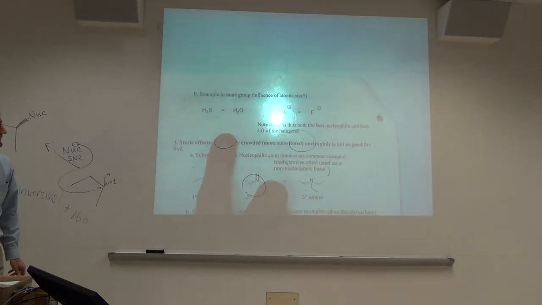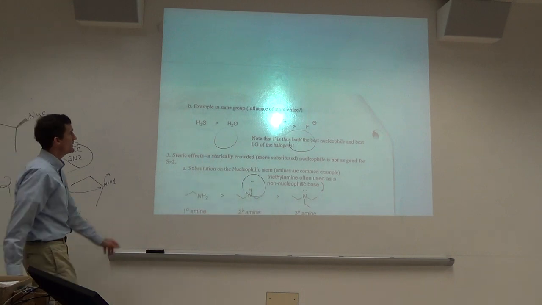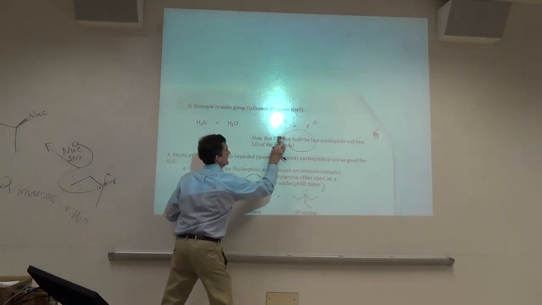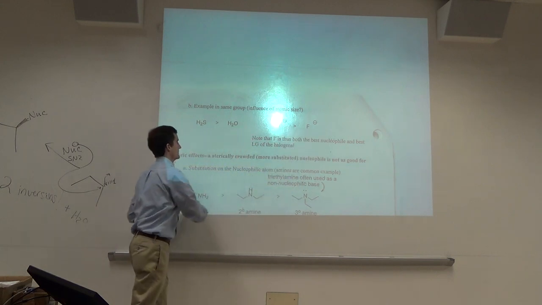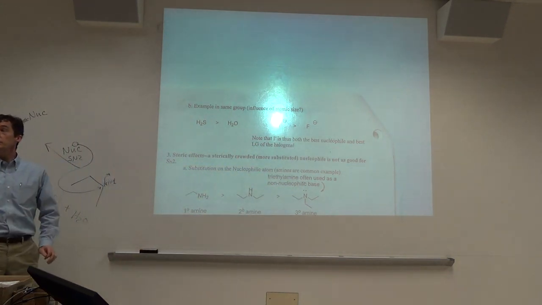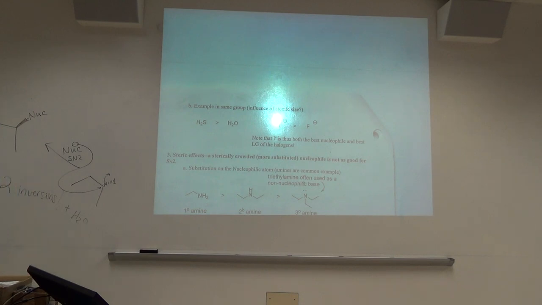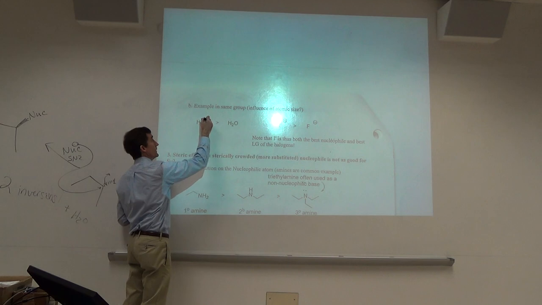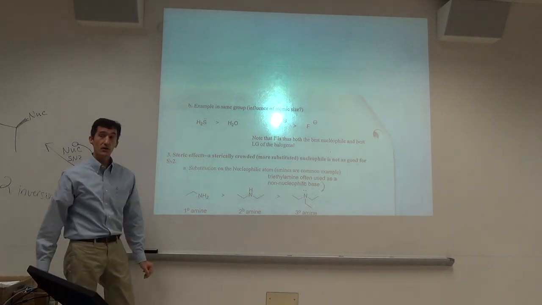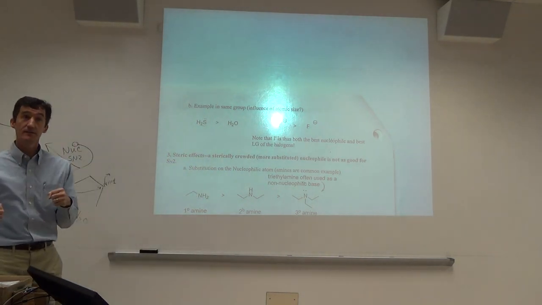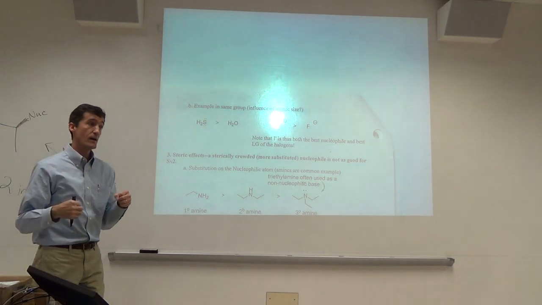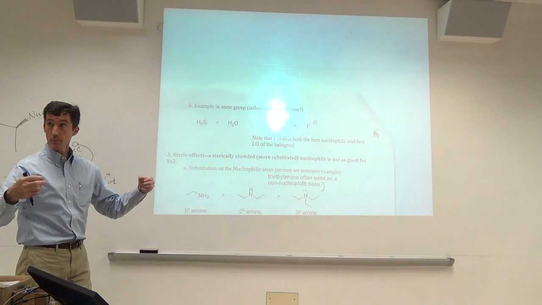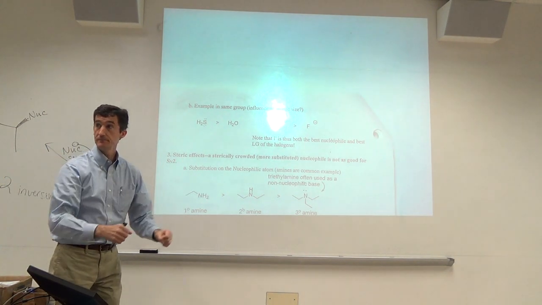We did this same type of stuff when we did acid-base chemistry. Which is a better nucleophile, H2S or H2O? Which one's a better parent? O holds them tighter, more electronegative, right? Not only does the sulfur not hold them as tight, but the lone pairs on sulfur, because they're in a bigger orbital, are further away from the atom.